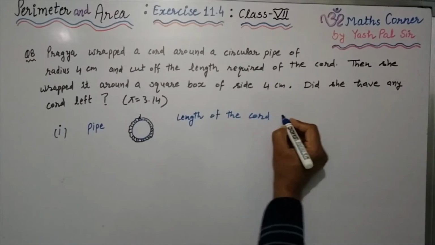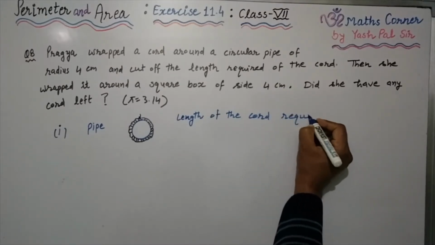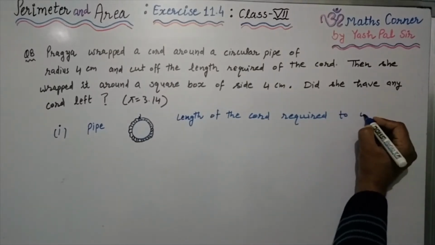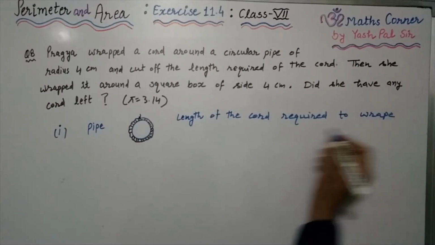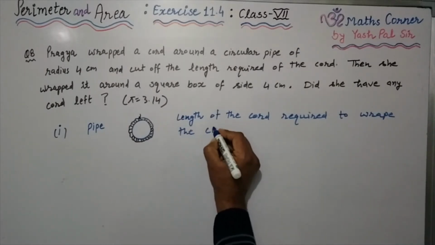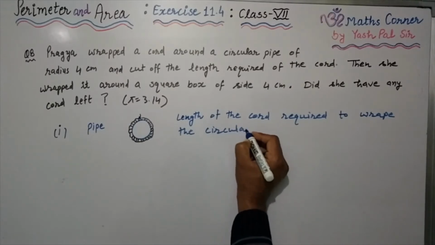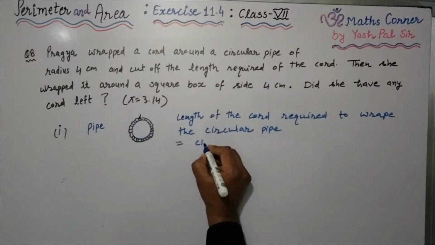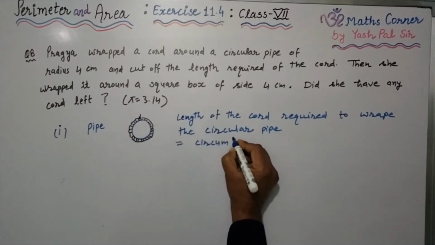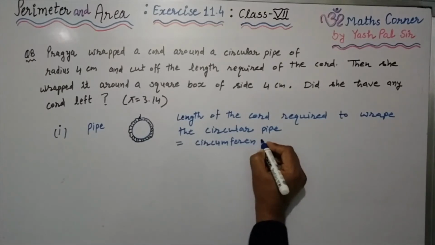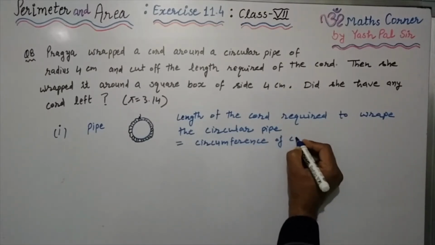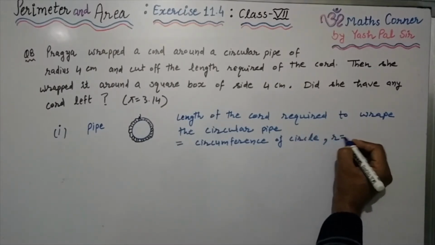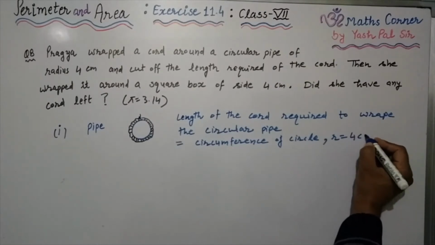required to wrap the circular pipe is equal to the circumference of a circle with radius equal to 4 centimeter.